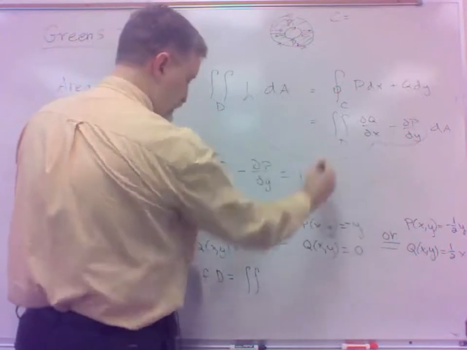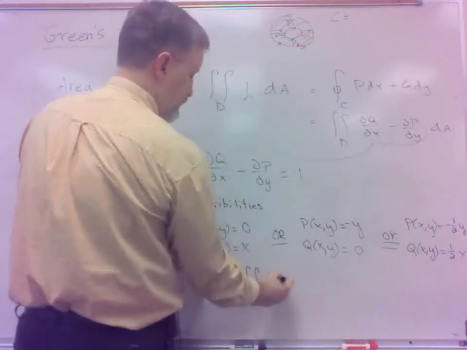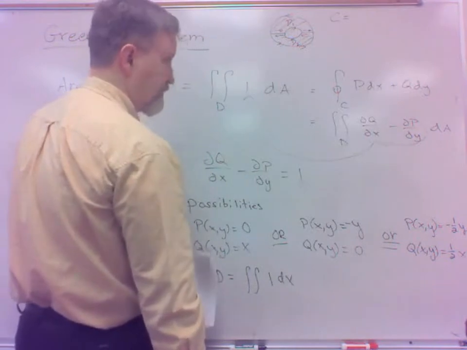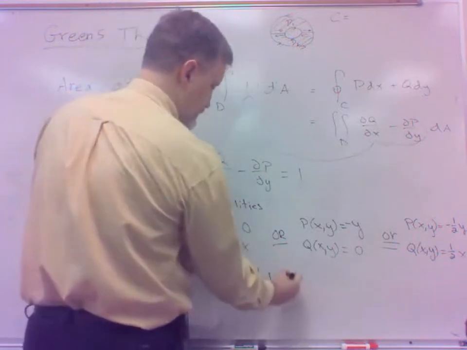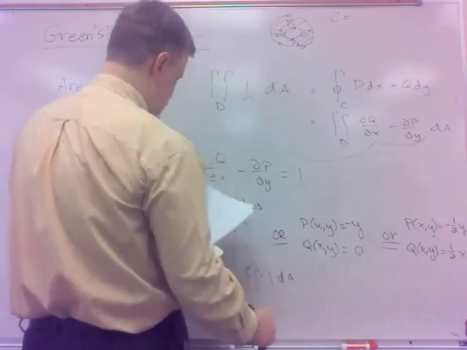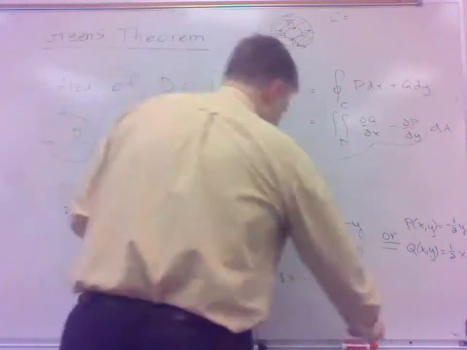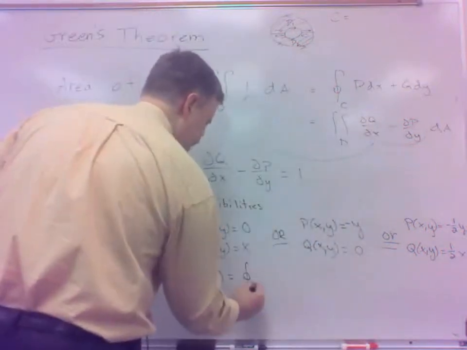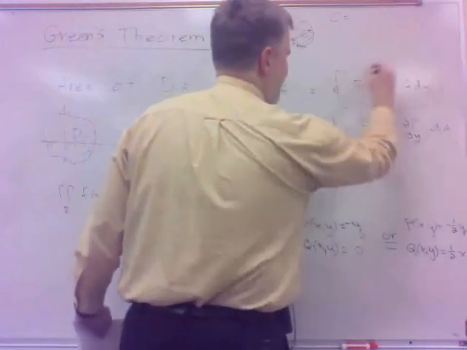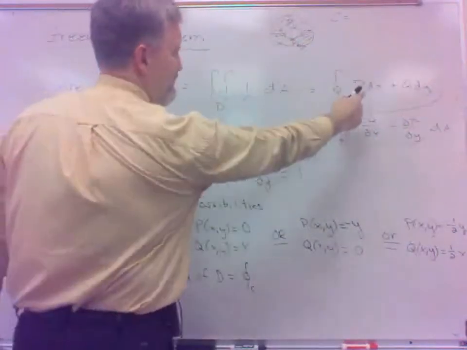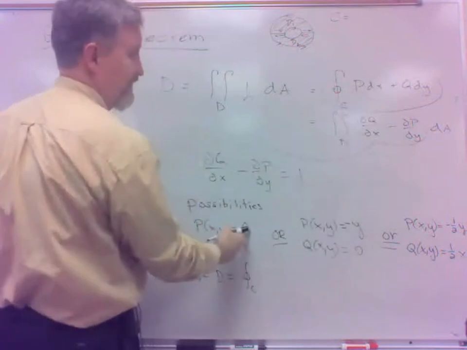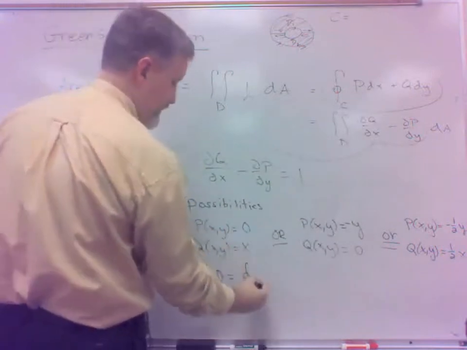Oh, no, is 1. 1 dA, sorry. Wait, what am I saying? Sorry. The line integral, let's go back to this one. All right, so this one is p dx, so that's 0 dx, x dy.